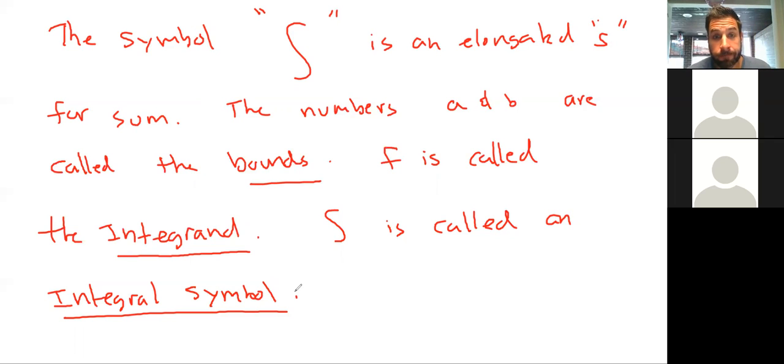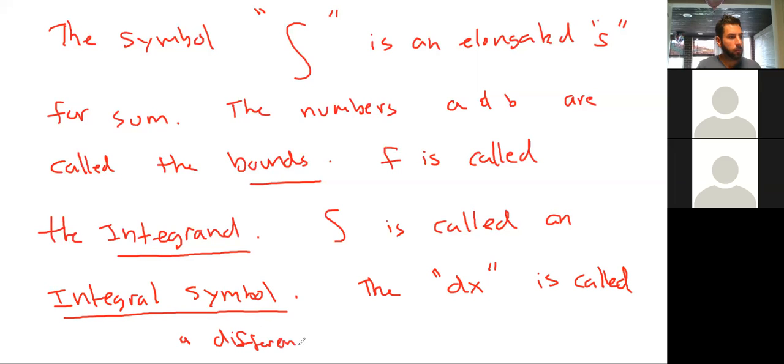So you recall the quote unquote dx is called a differential. We talked briefly about that before.